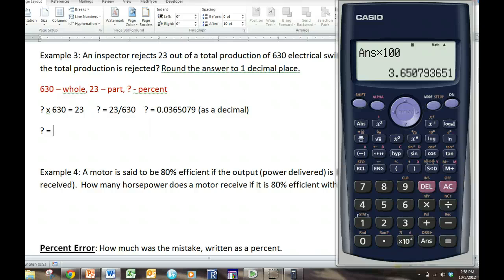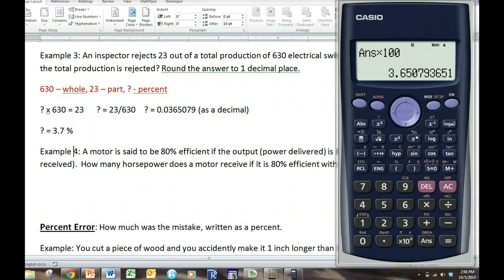Now I go back and read what it says, and it says round the answer to 1 decimal place. So that's 3 point, and since the second decimal place is a 5, I know I'm going to round up. So it's 3.7%. So 3.7% of the parts are rejected, which I have to say is very high. If you're making that many mistakes, there is something wrong with your production line.